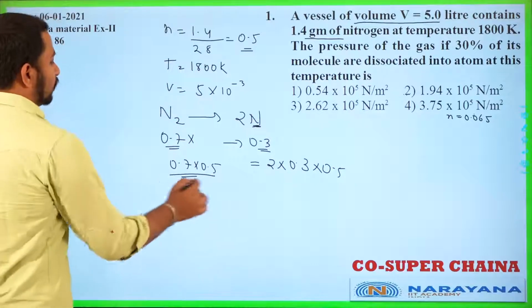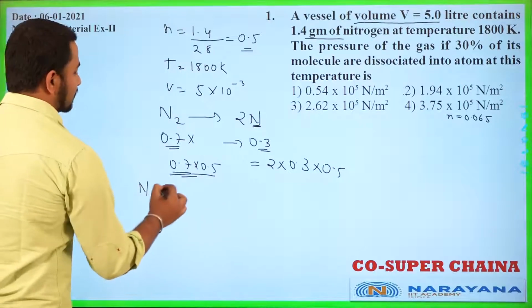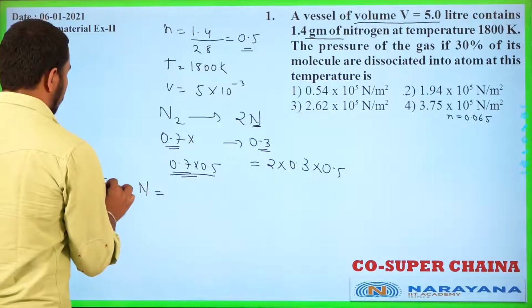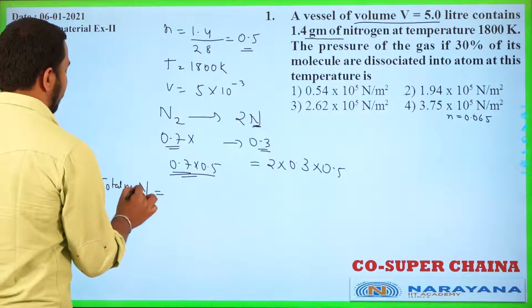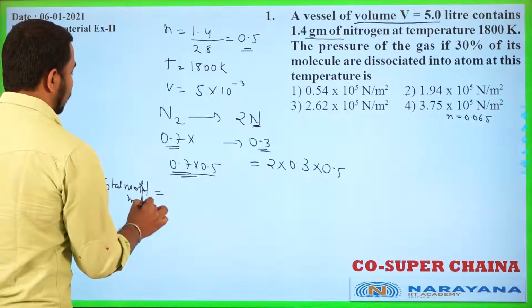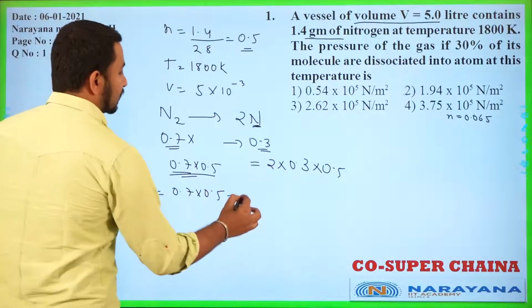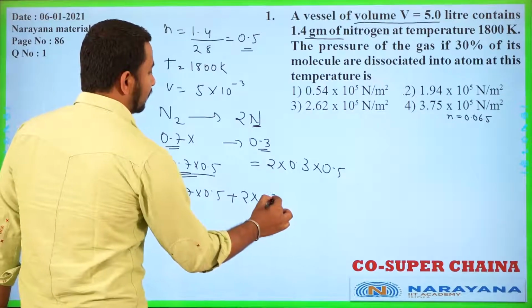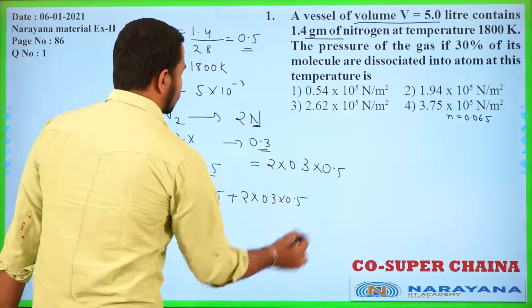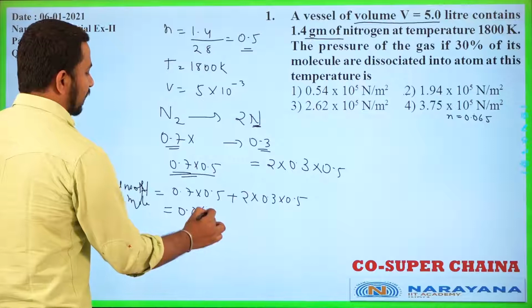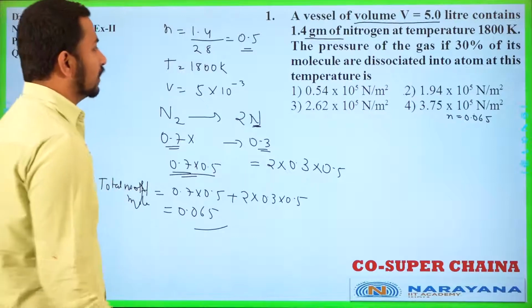If we calculate the total number of moles, we just have to add these. So the total number of moles will be 0.7 into 0.05 plus 2 into 0.3 into 0.05, taking the dissociation both sides, and this will come as 0.065. This is the total number of moles.